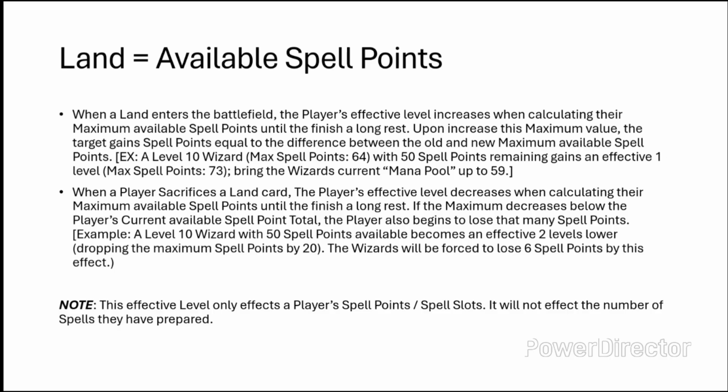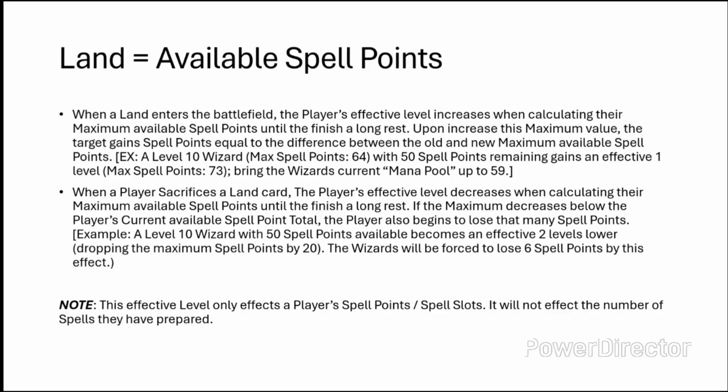So their maximum spell points go up by the difference, which is a total of 9. And because of this difference, they gain 9 more spell points to their quote-unquote mana pool. So they would have 59 spell points remaining.